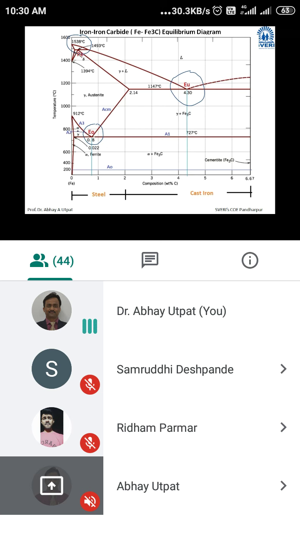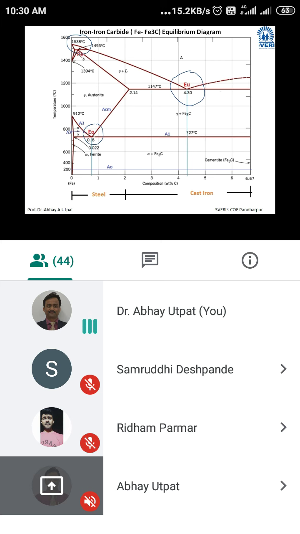So melting point of pure iron is 1539 degrees Celsius. If you go on adding carbon, melting point go on decreasing and at 4.3% of carbon, the system shows lowest melting point, and that is 1147.